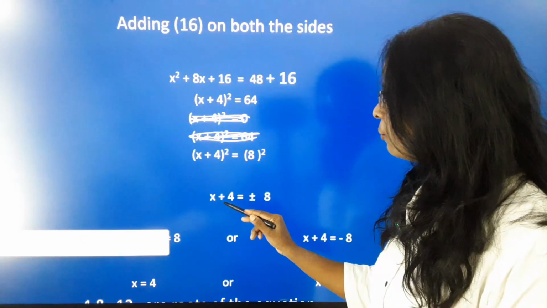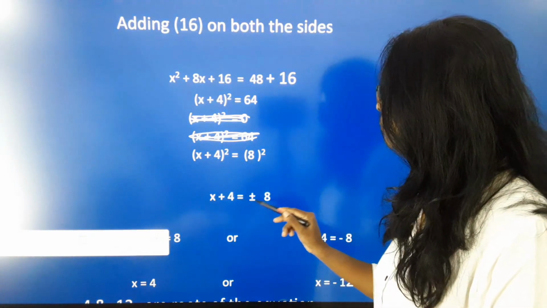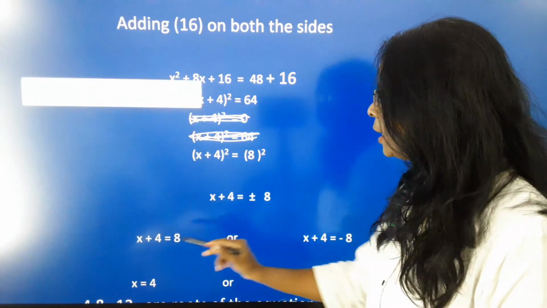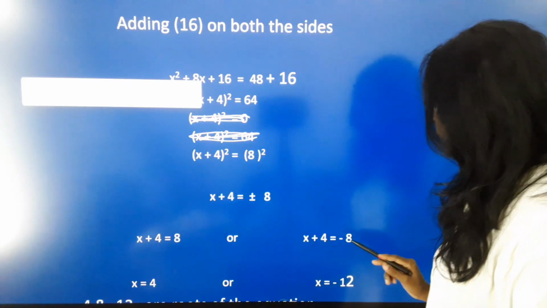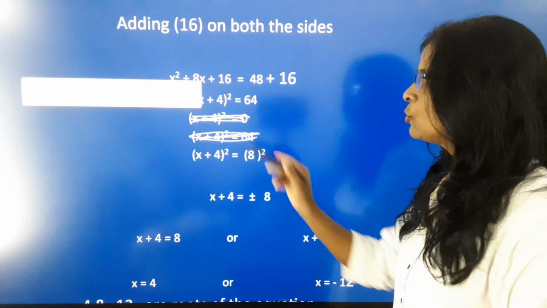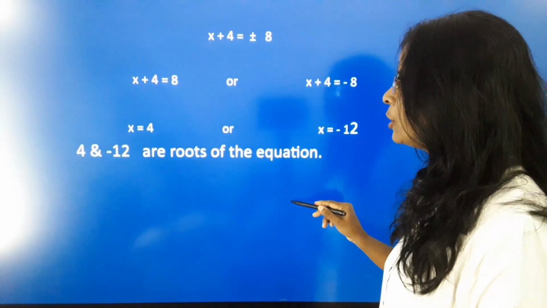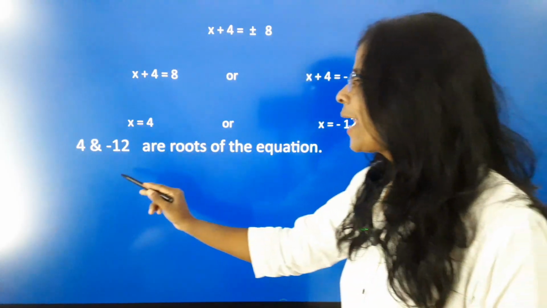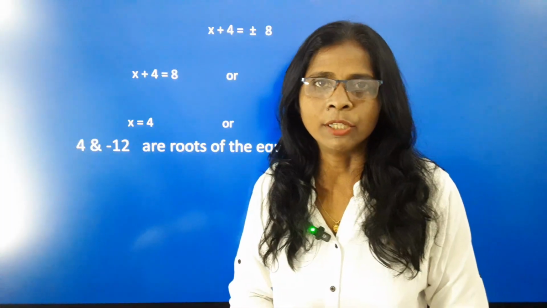Now take the square root on both sides, we get x plus 4 is equal to plus or minus 8, students. So we write x plus 4 is equal to positive 8 or x plus 4 is equal to negative 8. After calculation we have x is equal to 4 or x is equal to minus 12. So 4 and minus 12 are the roots of the given quadratic equation.